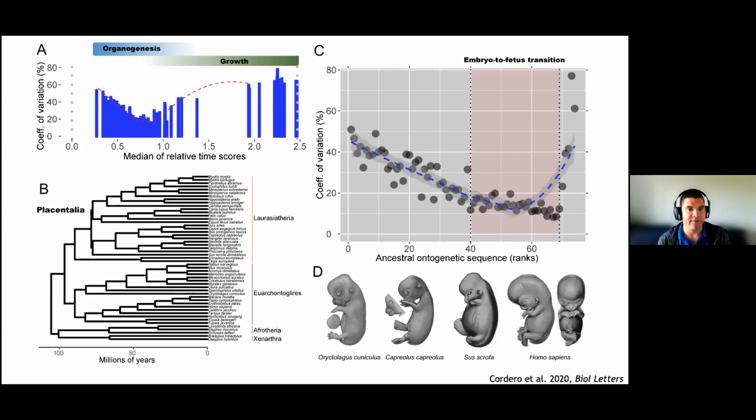And then there's a lot of divergence thereafter. And that's because the later stages of development are dominated by growth. So we found major differences, of course, in the growth period when comparing an elephant to a bat, for example. And then, of course, we also included human development, and domesticated species were very prominent in this sampling scheme.